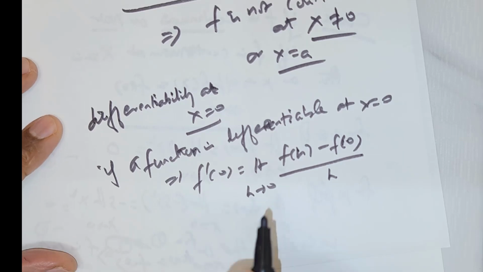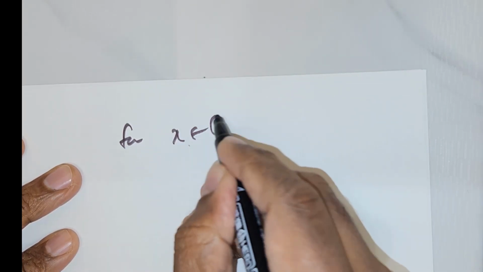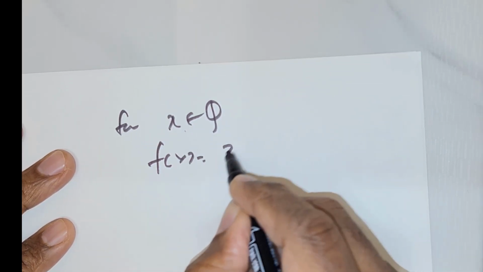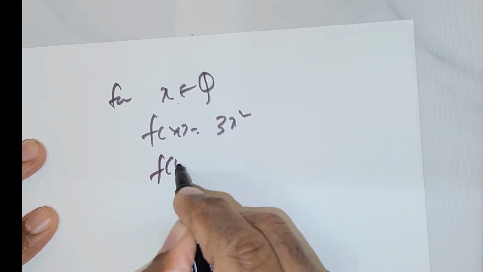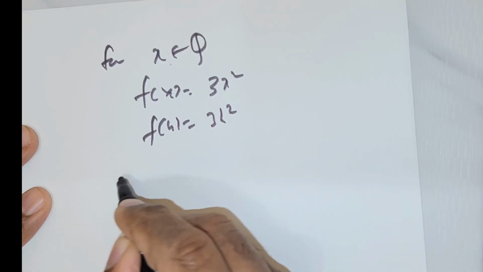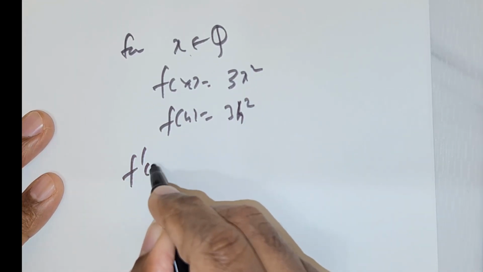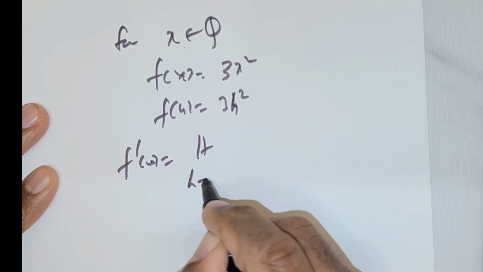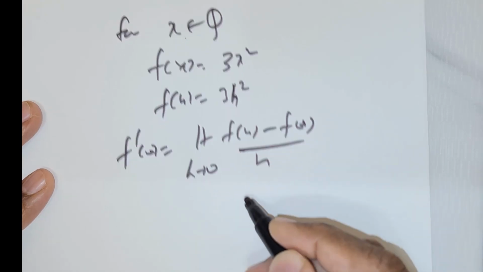Okay, we will work with this definition. So now for x element of rational numbers, f of x is equal to 3 times x squared. So that means f of h is 3 times h squared. That means f dash of 0 is equal to limit h tending to 0 of f of h negative f of 0 divided by h.